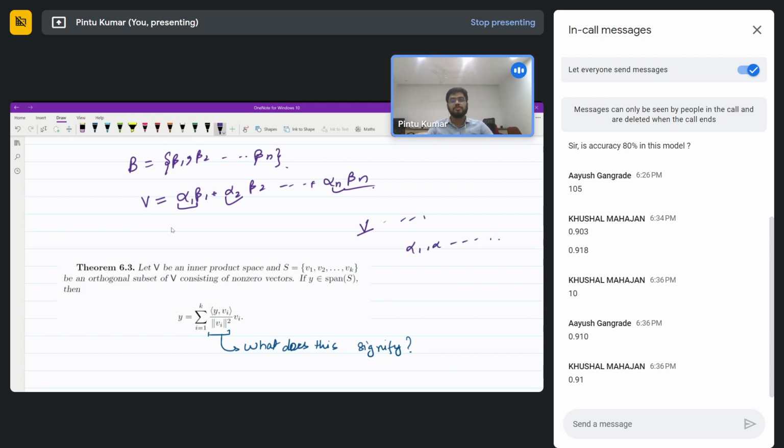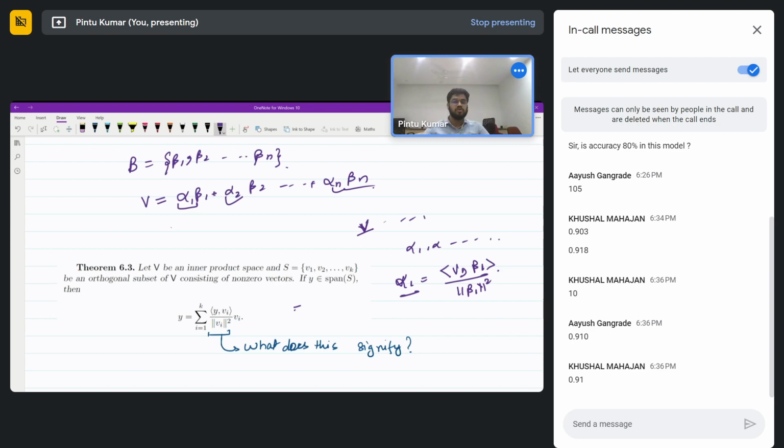So what would be those alpha 1 and alpha 2? If you want to represent v in terms of beta 1, beta 2, then your alpha 1 would be the dot product of v with beta 1 divided by the norm of beta 1 squared. This is your alpha 1. Similarly, you can find all the alphas straight away without solving any system of linear equations.